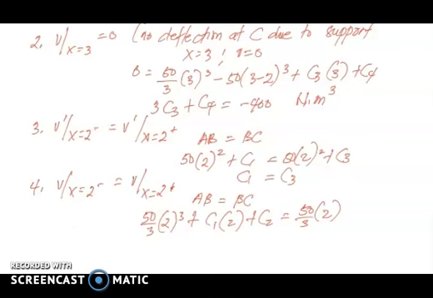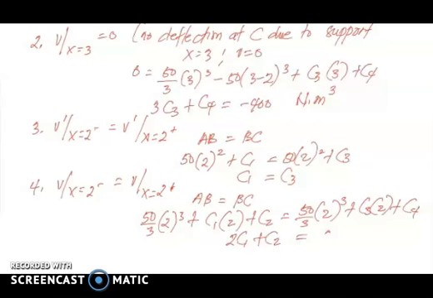So you have 2 c sub 1 plus c sub 2 is equal to 2 c sub 3 plus c sub 4. Now we make use of the value for c sub 2, which is equal to 0, and c sub 1 is equal to c sub 3, and substitute those into this equation.